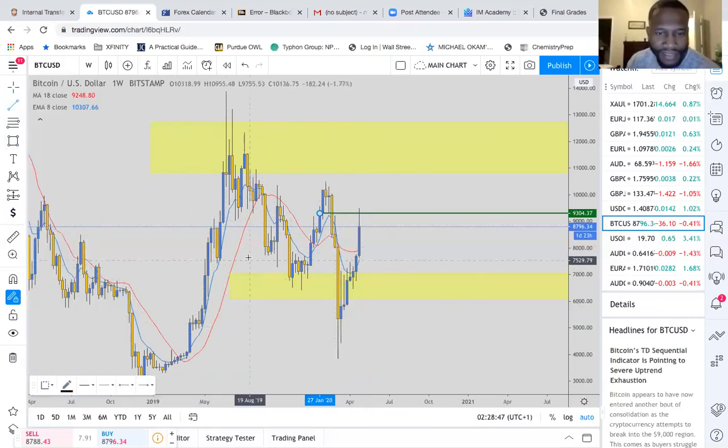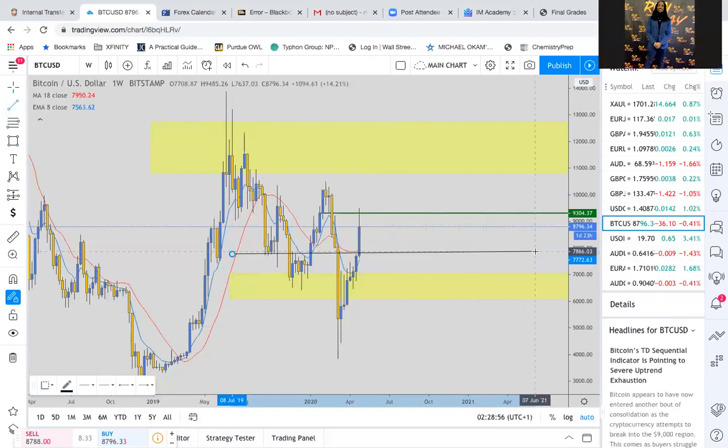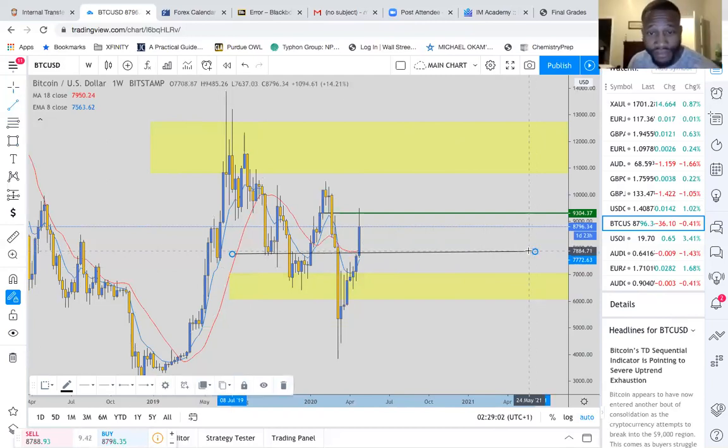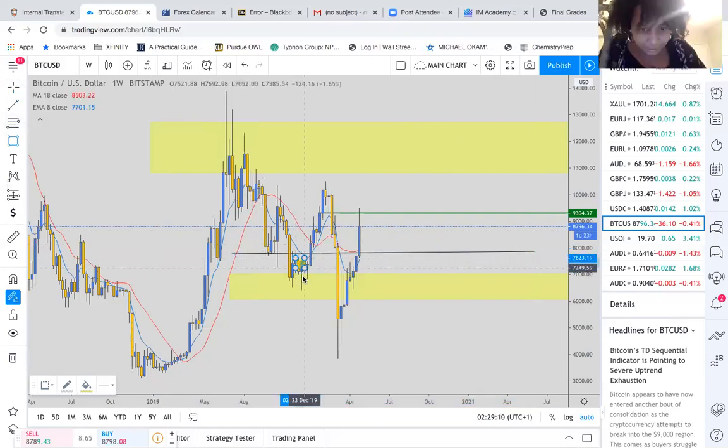I'm gonna challenge y'all. This is the last what? No, this is support. Do y'all see a breaking structure? Yeah, this one, right?